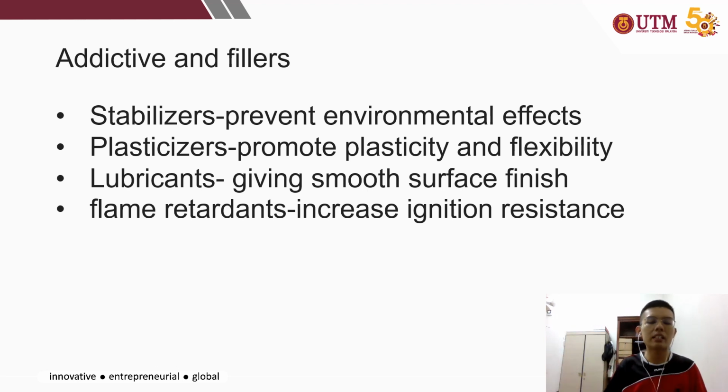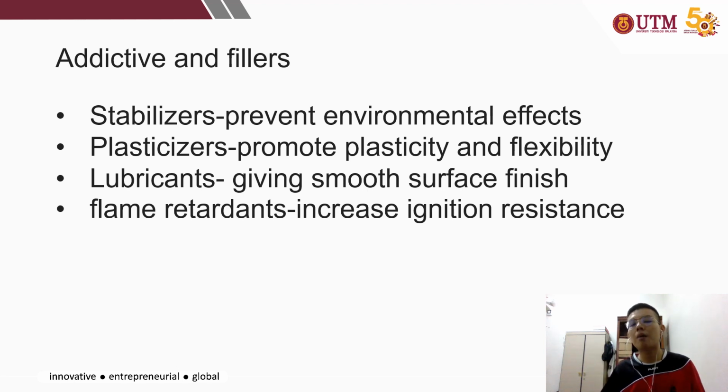Then plasticizer, because we want to recycle it into a new plastic, so we need it to have plastic properties. Plasticizer can improve its plasticity and flexibility. Next, lubricants. Lubricants will make the final product smoother on its surface.